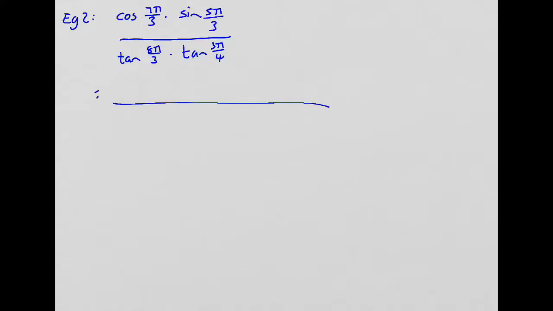So we have cos of 6 pi plus pi over 3. Then for the second one, what is the closest multiple of 3 to 5 pi? It's clearly 6 pi. So we have sine 6 pi minus pi over 3.